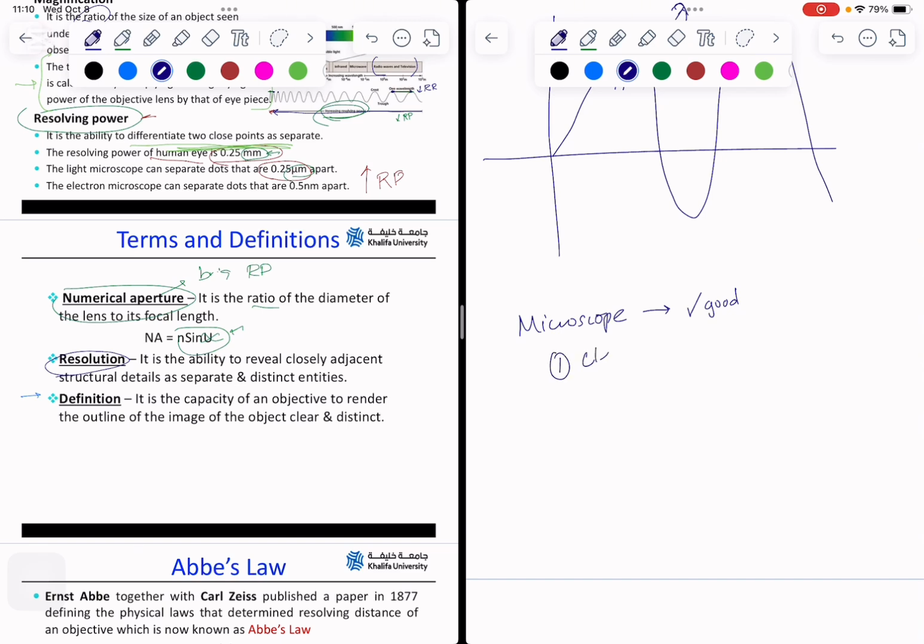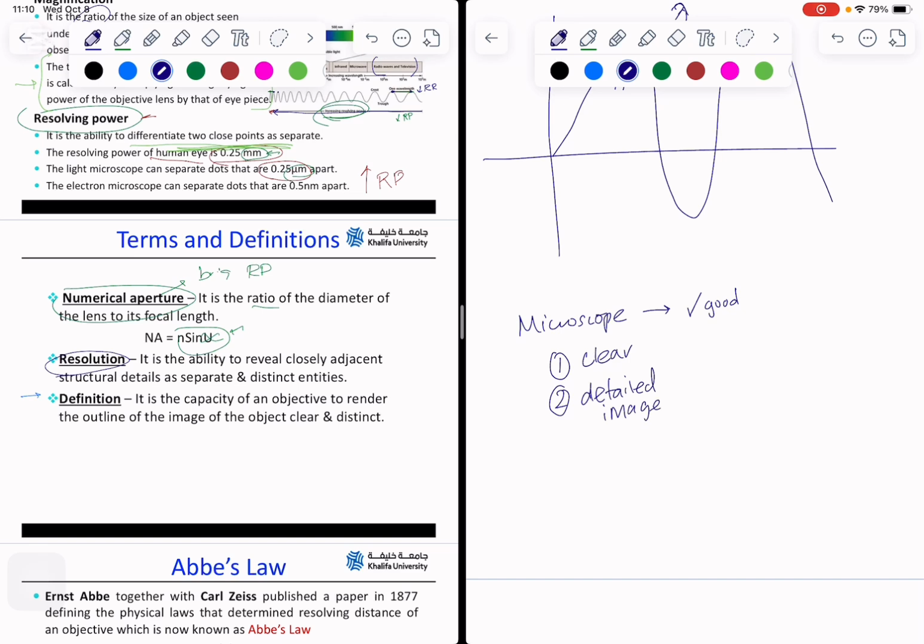I need it to give me a clear picture, and I need it to give me a detailed image.